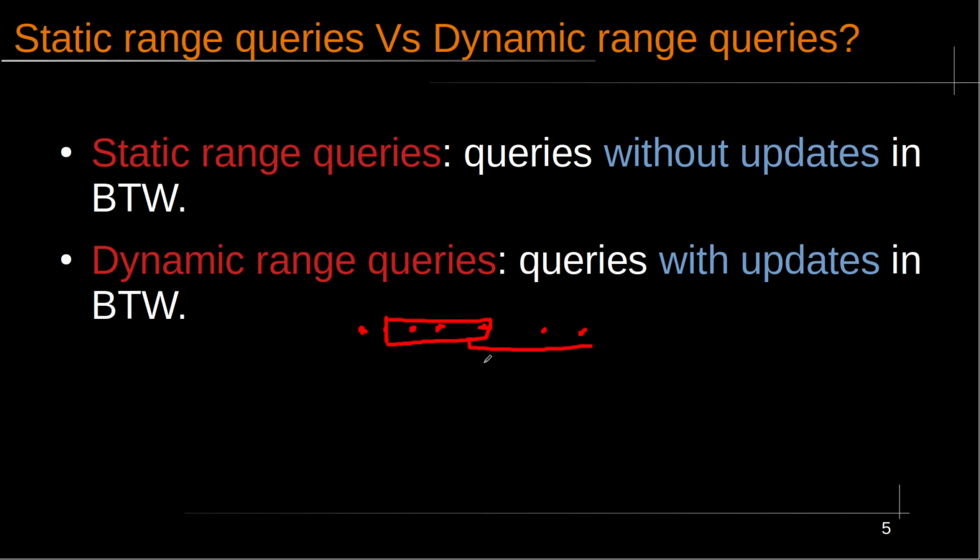We update here, so this value will be changed. This value will be the answer the next time, which means the values are going to change between queries. So that's what we call a dynamic range query. The input is not the same as the original input.